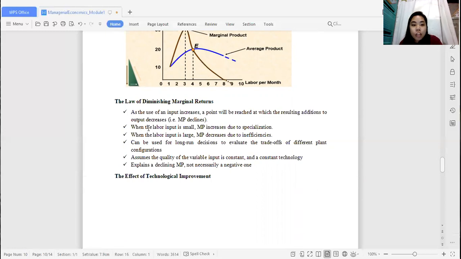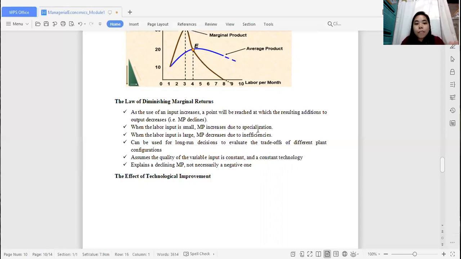Next, when the labor input is small, marginal product increases due to specialization. So the explanation is, if we have this number of workers, the labor input is small, so they are few. Marginal product increases due to specialization because they are few and there is specialization. So person number 1 focuses on assembly, for example, and person number 2 focuses on painting, and so on.